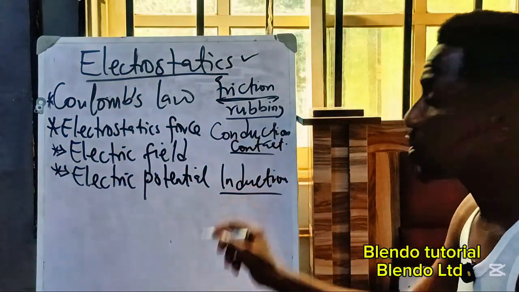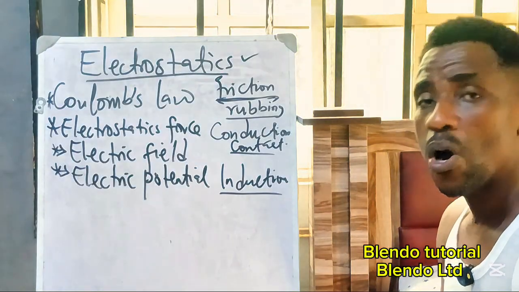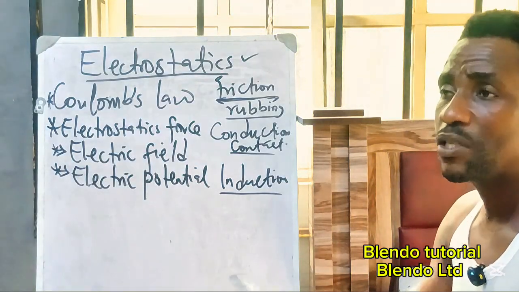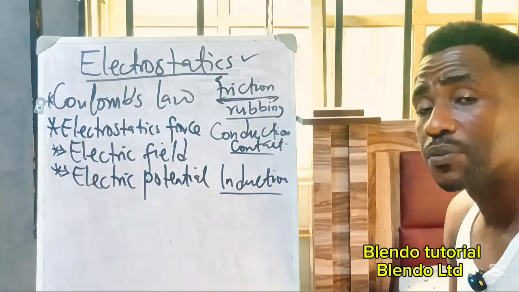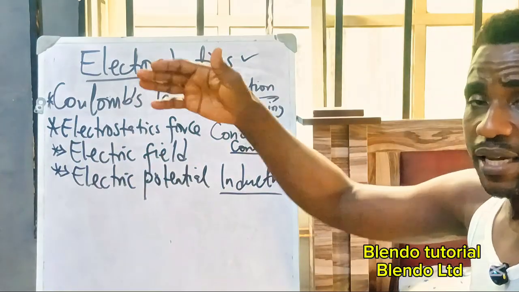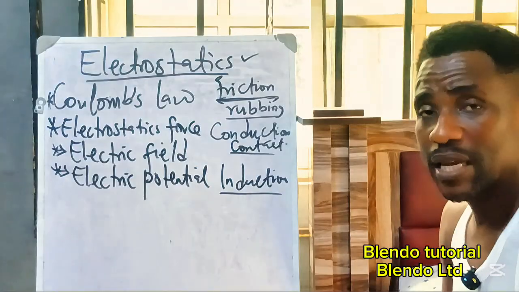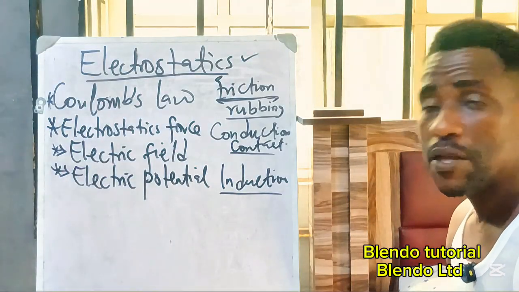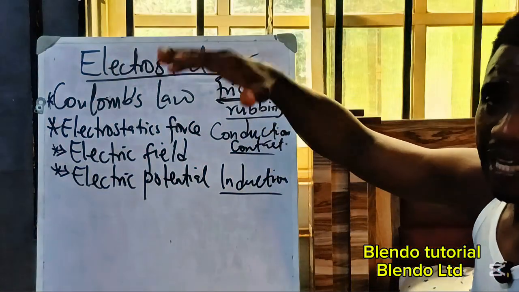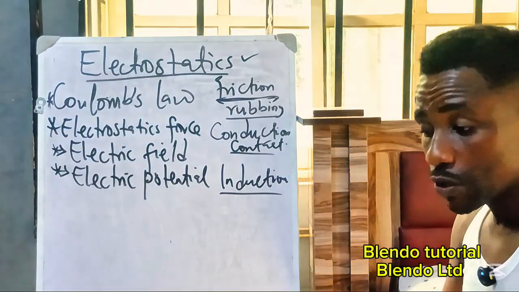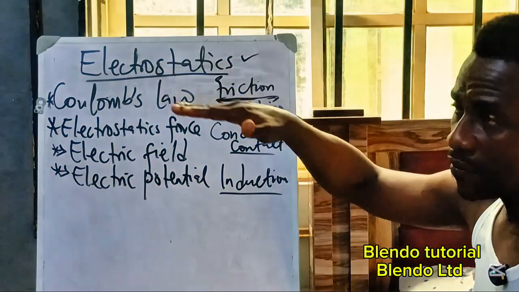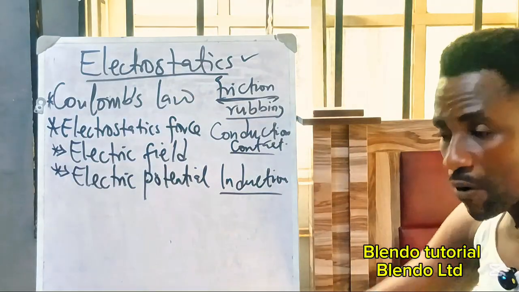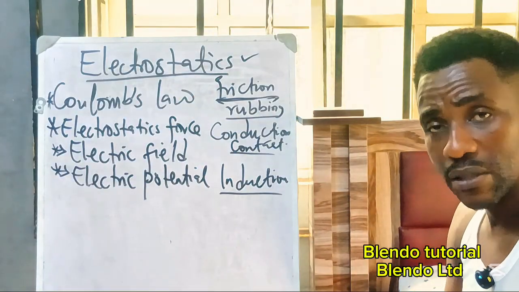Now, by conduction, all we need to do is get two conducting materials, one being charged, the other one not charged. You place the charged one on the uncharged one. Charge will move from the charged body to where we don't have charge at all. If it's a positively charged body that we use, we form a positively charged material.